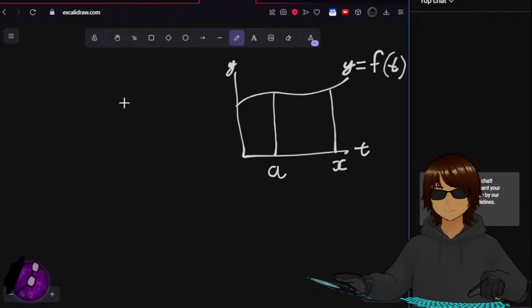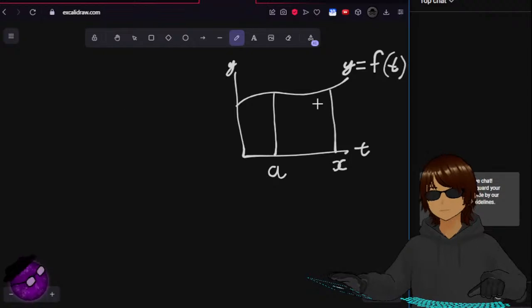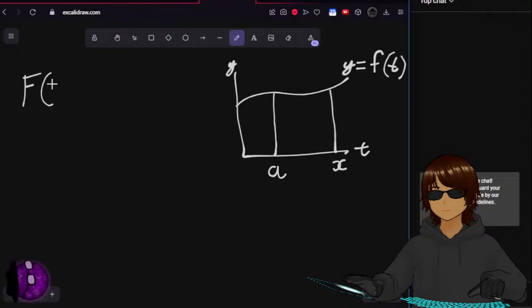By definition of integration, let's say the area of this is capital F of x. This is this area.